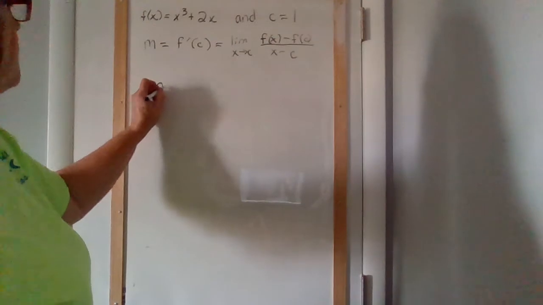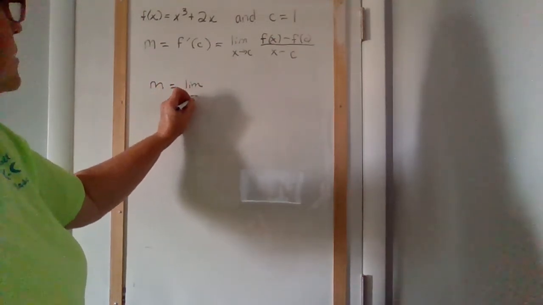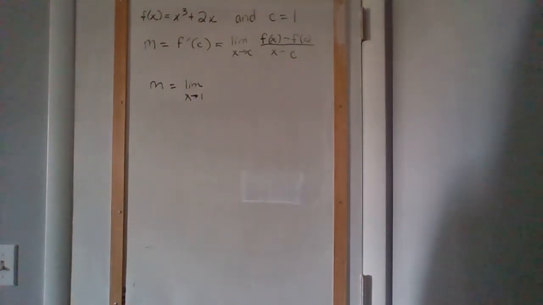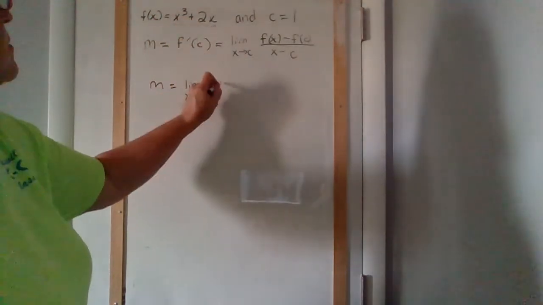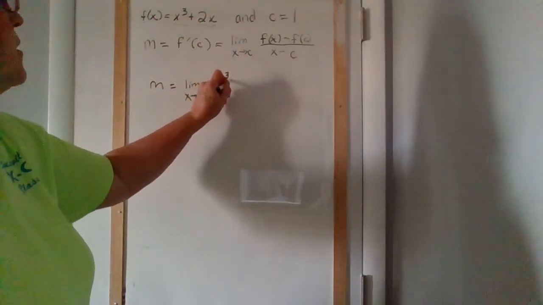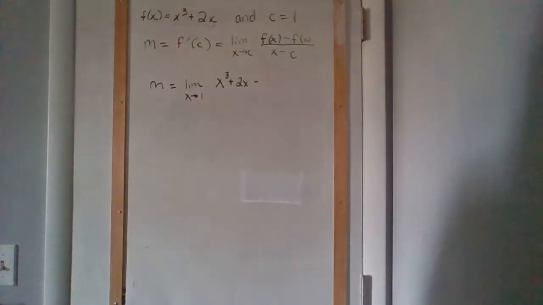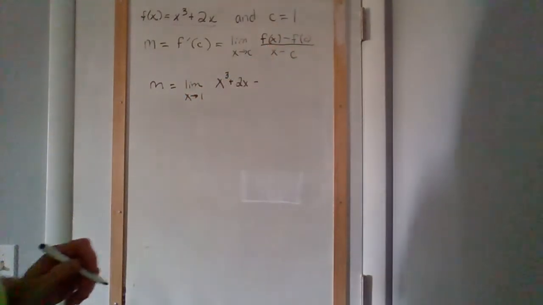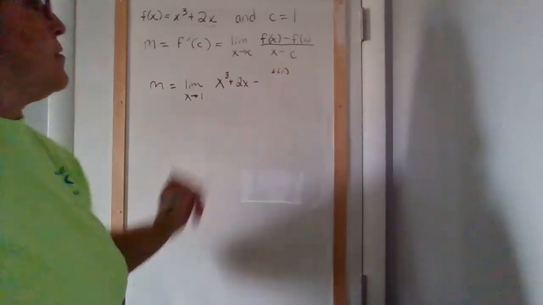So your slope would equal, in this problem, the limit as x approaches 1. All right, now our c value is a 1, and we'll do f of x. Well, f of x is this function, x to the third plus 2x, minus f of c. So we're to do f of 1. I'm going to write that up here, but I'm actually going to do f of 1.